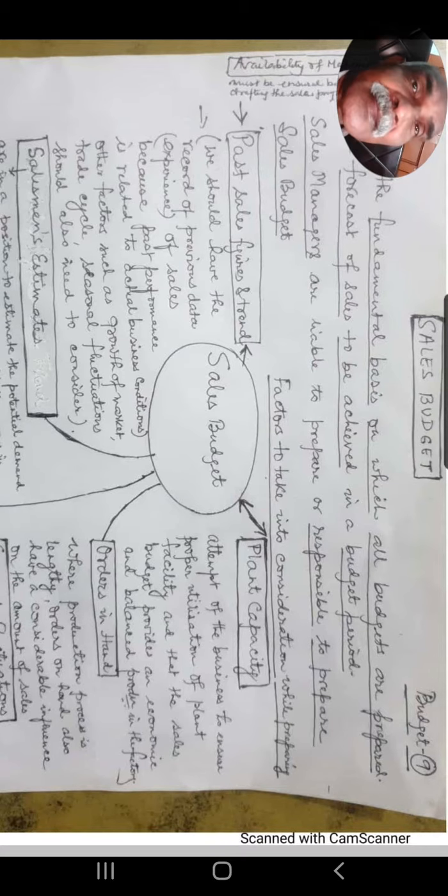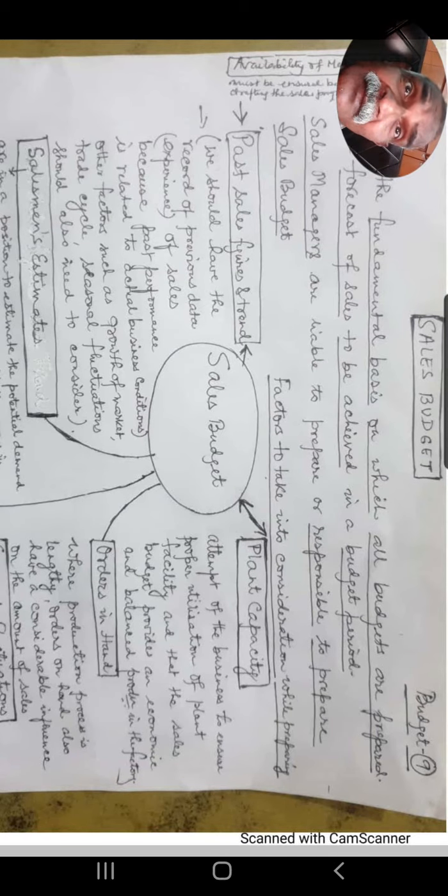Now, while preparing sales budget, we are supposed to consider some factors. Without considering some factors, you cannot prepare sales budget. Like, without having the idea of past sales figures and trends, we cannot prepare sales budget. Without having the idea of the plant capacity, we cannot prepare sales budget.